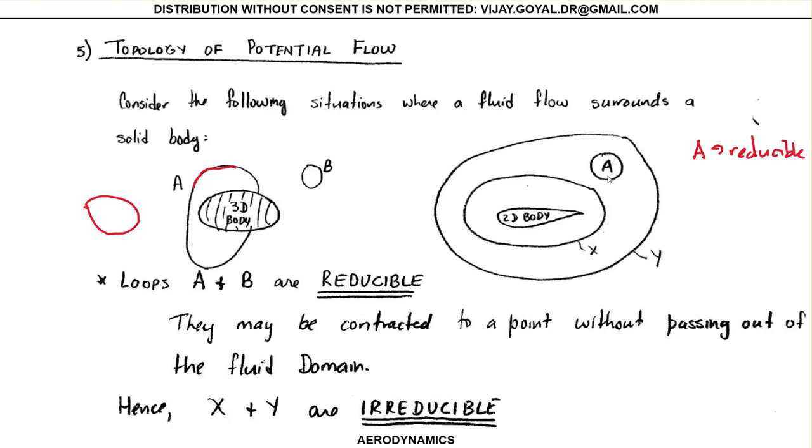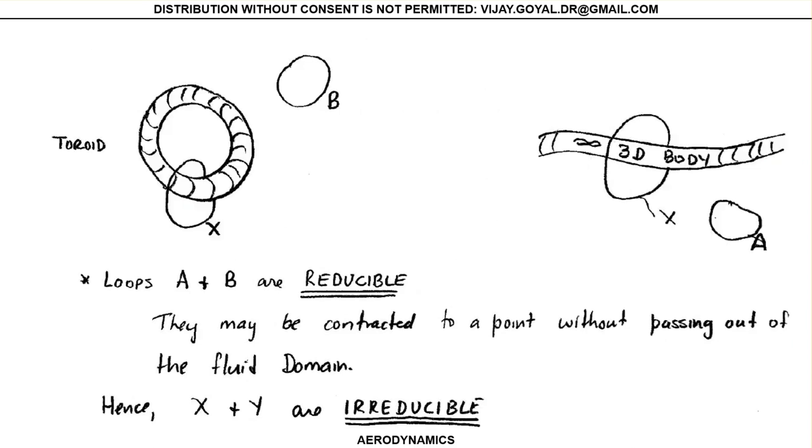You can see it can contract to a point without going through the body. However, note that a point X and Y cannot be reduced to a point without actually going through the body. Those are called irreducible loops. That means that when I have a potential flow, I can reduce that loop only if I don't have a body that I have to go through. The consequences of this, we'll talk about them in a minute.